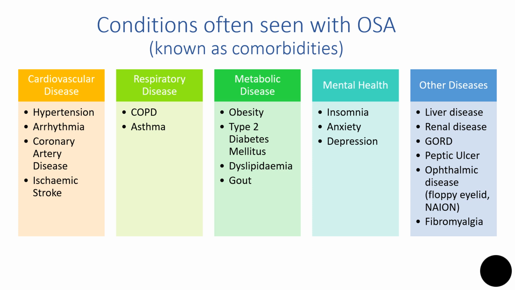We know that sleep apnea in particular is very much independently linked to high blood pressure. Many patients with sleep apnea will have high blood pressure, particularly those with poorly controlled high blood pressure, those needing lots and lots of medications to get it under control. Likely, if they've not been diagnosed with sleep apnea, they would be if they had a sleep study.